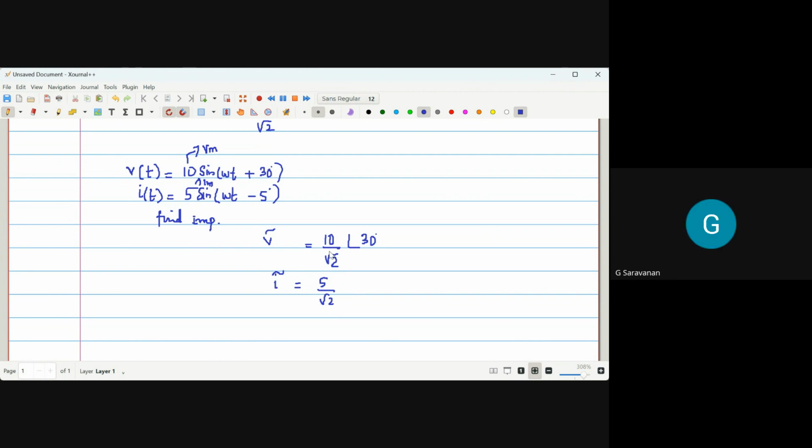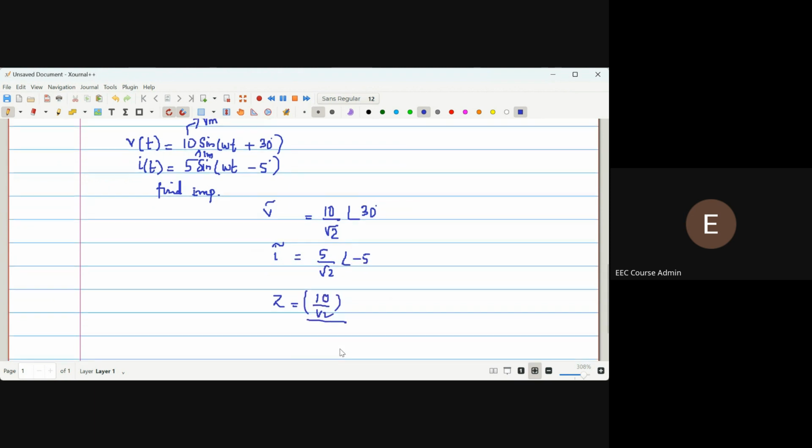So here 10 by root 2 angle 30, and this will be 5 by root 2 angle minus 5. So Z, the magnitude part, will be 10 by root 2 divided by 5 by root 2. So that will be 2.